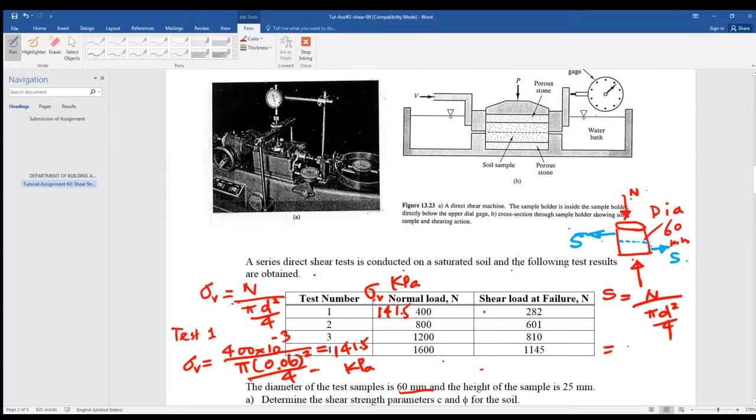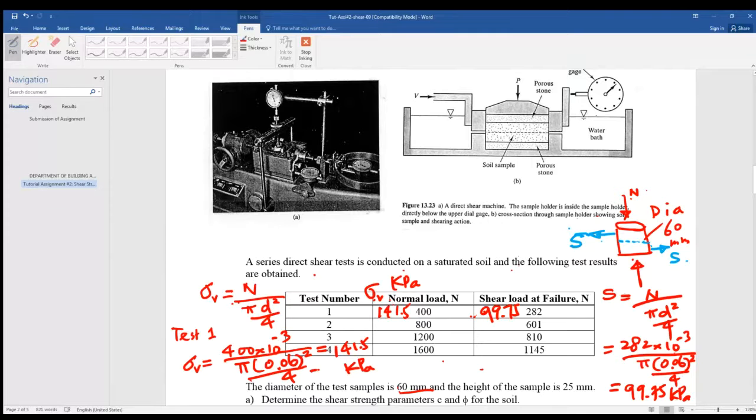So it's 282 times 10 to the minus 3 kilonewtons, divided by pi times 0.06 squared over 4, which equals 99.75 kPa.